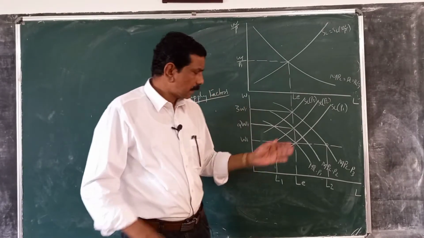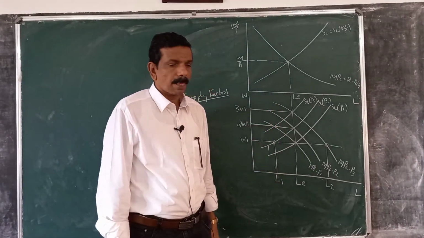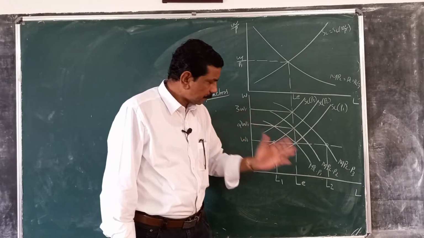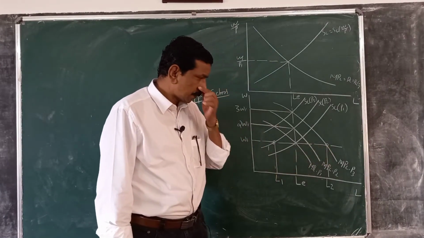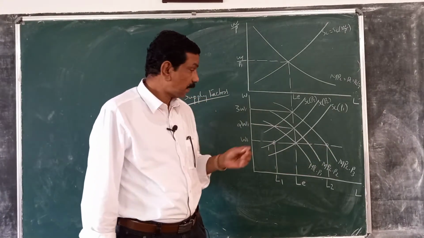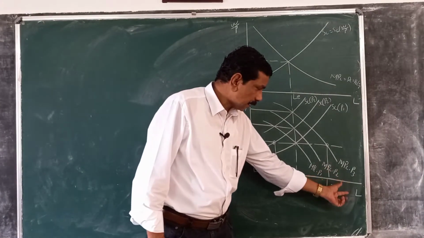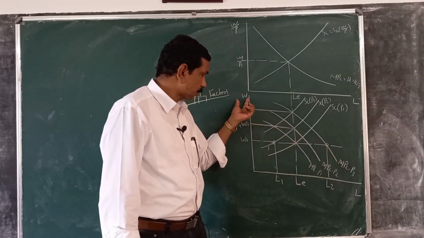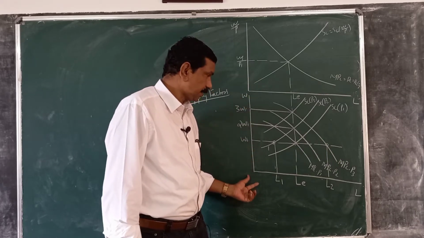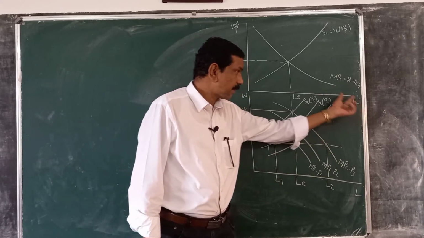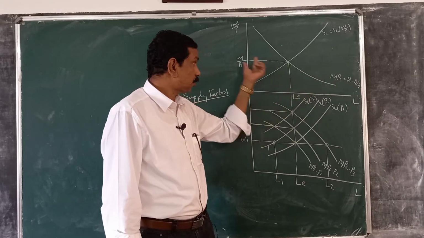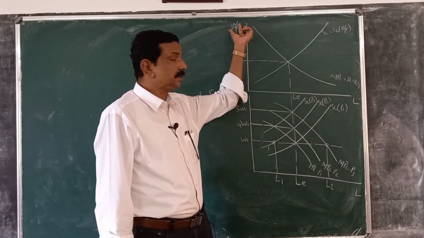And in part B, supply of labor and demand for labor are specified as functions of money wage. Here, supply of labor and demand for labor are shown as functions of real wage, W by P.